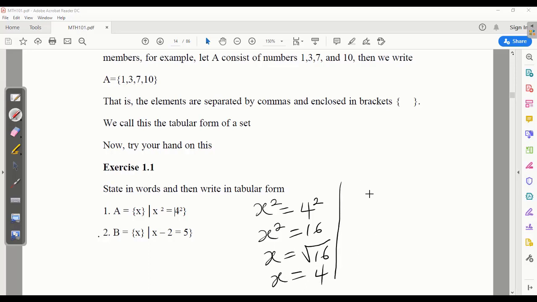So with this, we can say the two values that can go into x that you square to give you 16 are minus 4 and plus 4, right? So I can now say A is equal to minus 4 and 4.